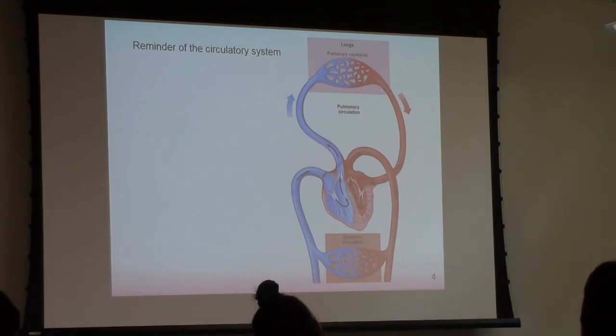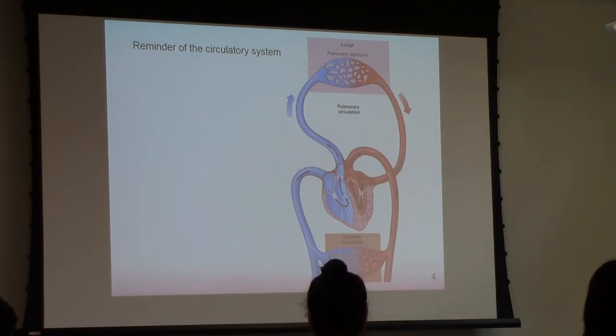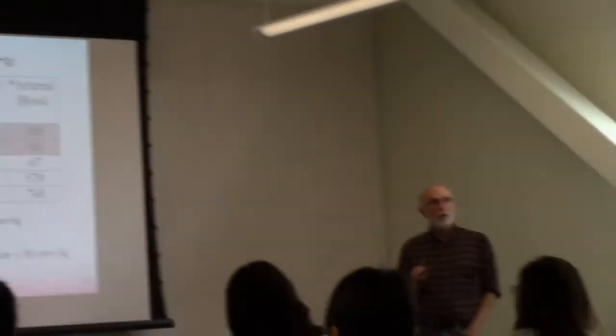So now you know that there are microscopic structures called alveoli that are ventilated, and I'm reminding you that there are microscopic structures called pulmonary capillaries that surround those alveoli with a very thin barrier between them in order for gas exchange to happen via diffusion. Just a reminder.